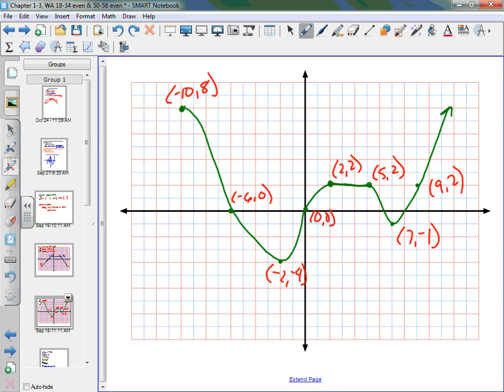I need to have my starting and stopping points, right? My starting and stopping points are going to be the humps on the graph and the valleys. Mountains and valleys, mountains and valleys. So, what is my maximum value here? Negative 10, 8. Do I have any other maximum values?